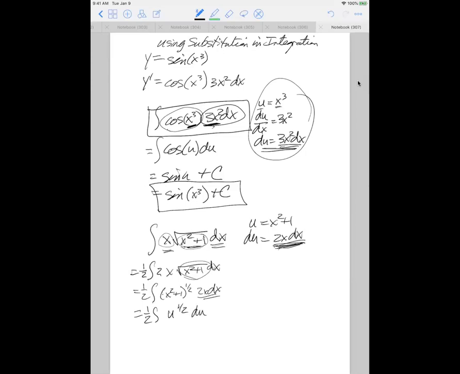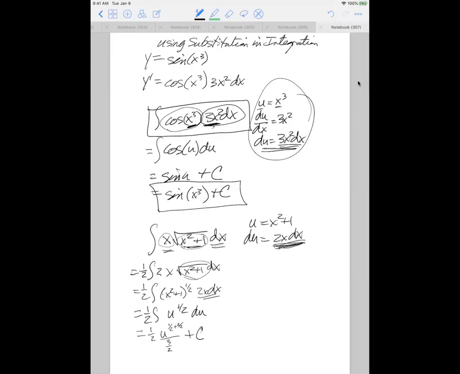So now the idea is, now I do the integration. So I've got 1/2, that's u to the 3/2, right? And divide by that new exponent. And the du and the integral sign go away, and I add the plus c. This is an indefinite integral, so that's happening.